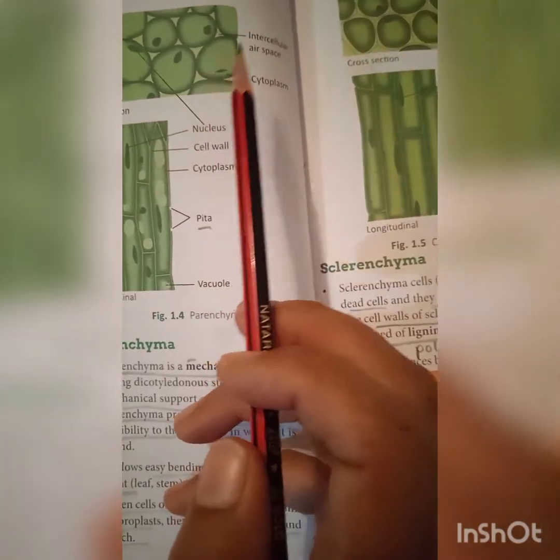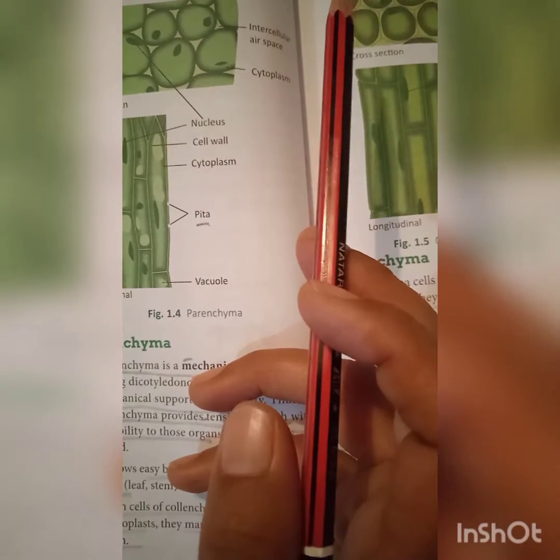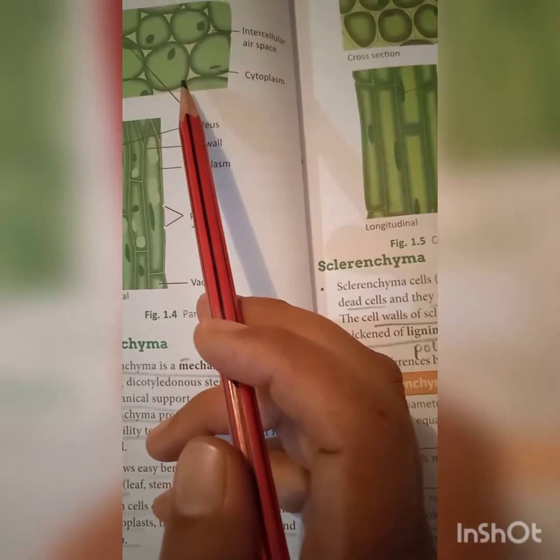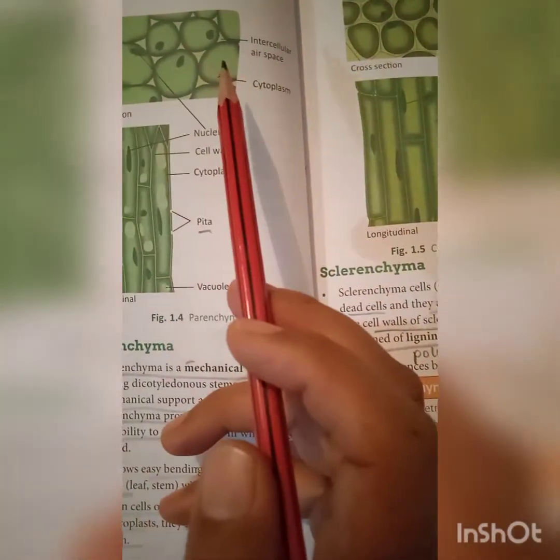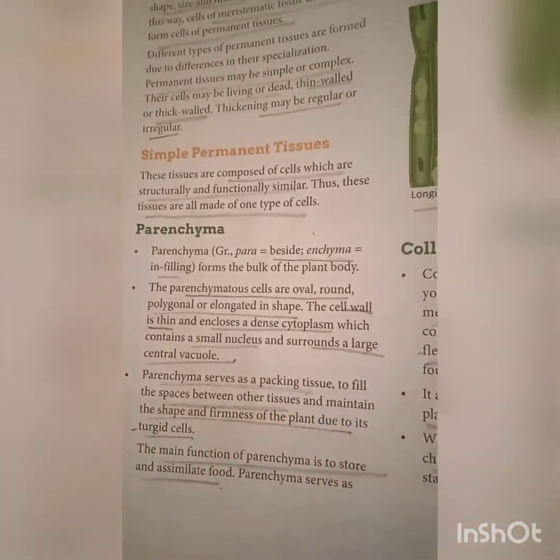They fill the space between the other tissues. When different tissues are there, there must be gaps between them, and parenchyma fills the space. It also performs the very important function of providing firm shape and firmness to the plant.